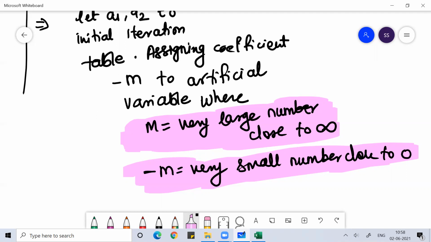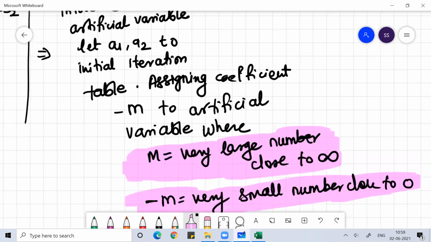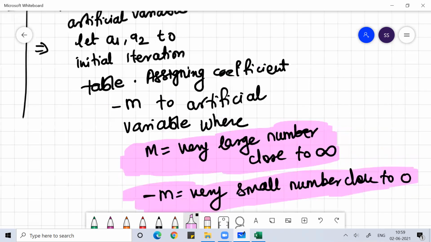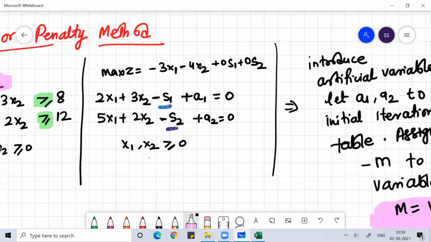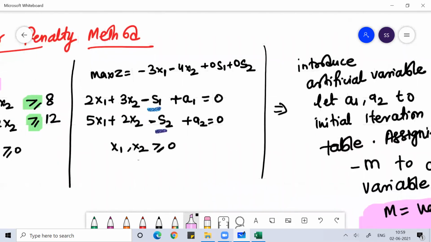That is the most important thing we have to do. So when we are solving the problem, you got the logic of M and minus M, why we are introducing that.